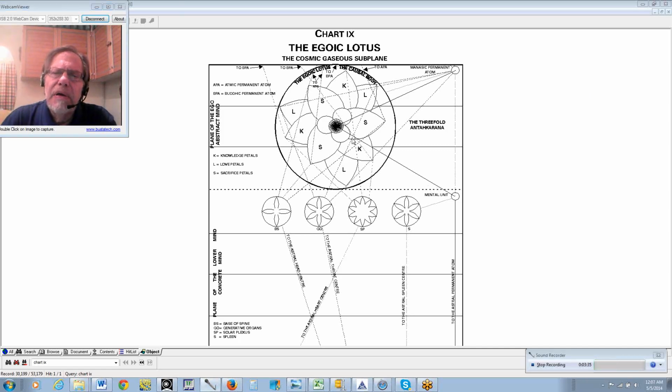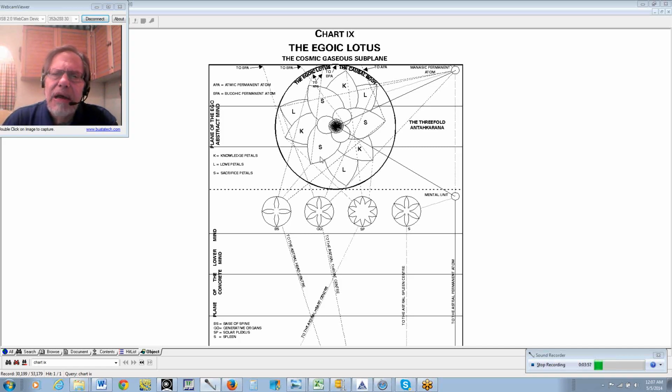Now, eventually the synthesis petals will also be turning, and they will be turning in a direction different from the turning of all these other 9. So, from one perspective, it seems that all 9 turn in the same direction, which would be clockwise.